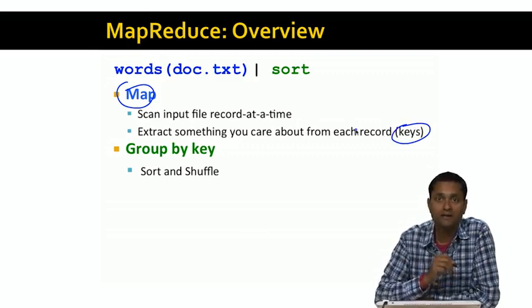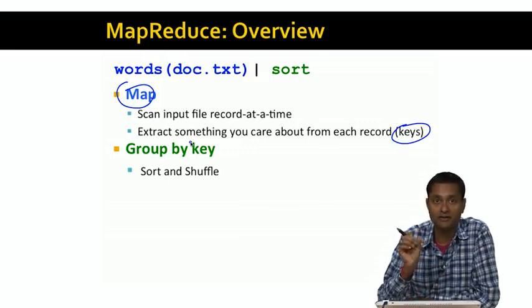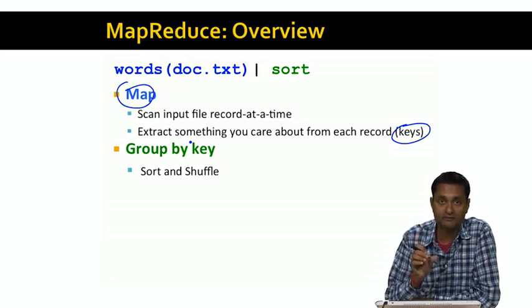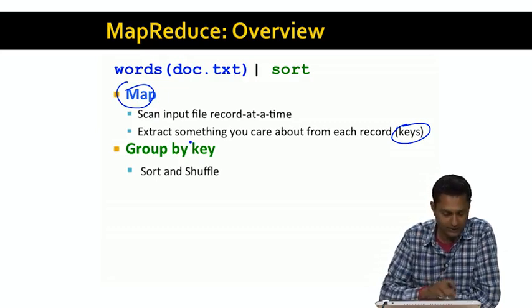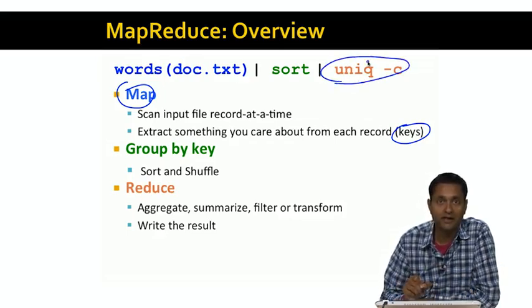The second step is to group by key. This is what the sort step was doing. It grouped all the keys with the same value together, right? The third step is the uniq -c step. That's the reduce piece of MapReduce.